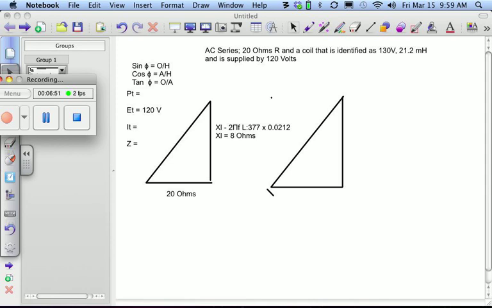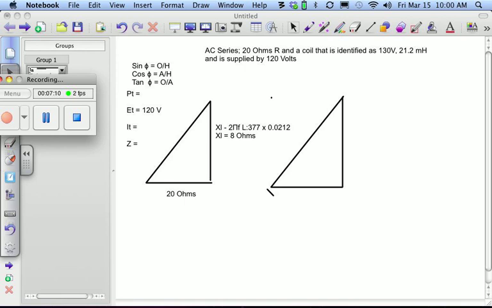So if we take 20 and divide by the cosine, we'll get 21.54.